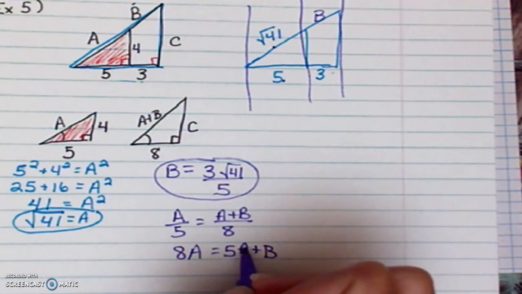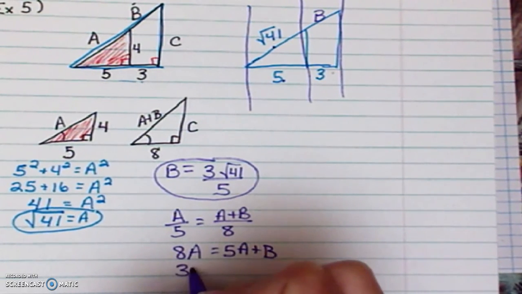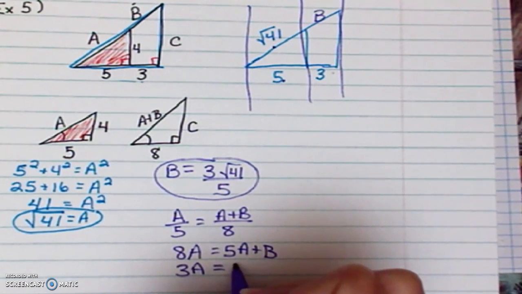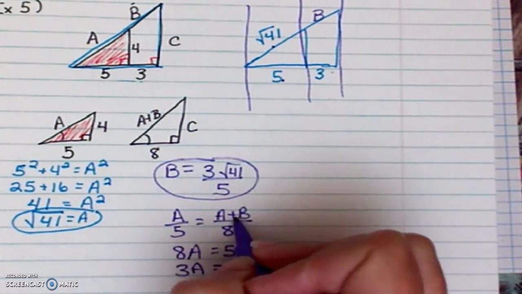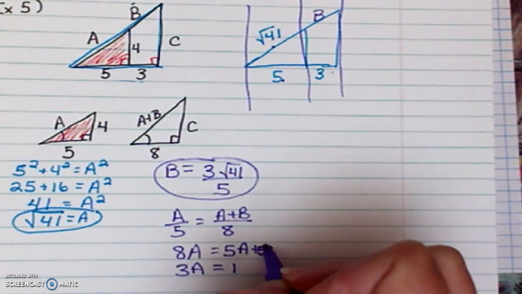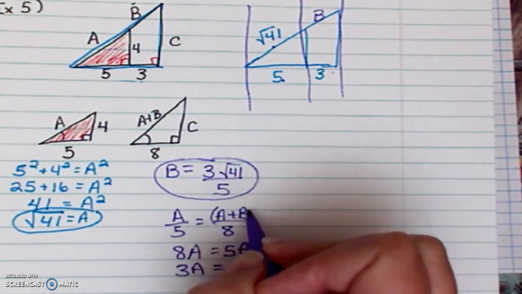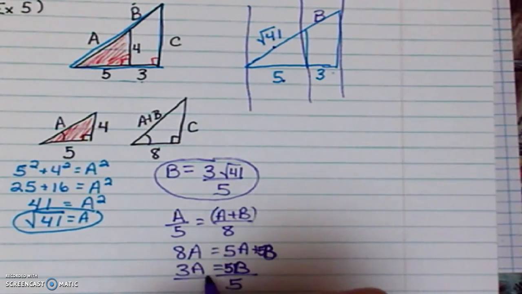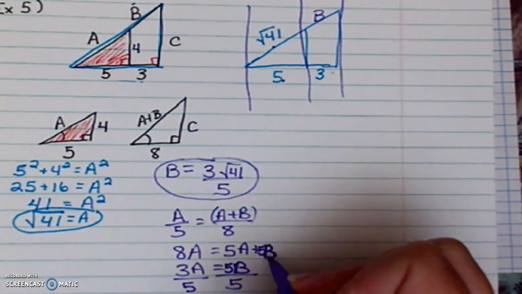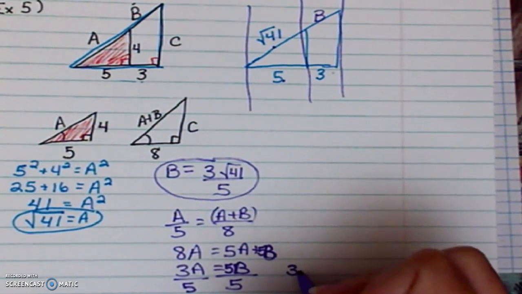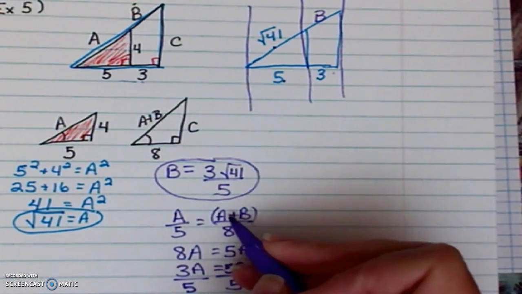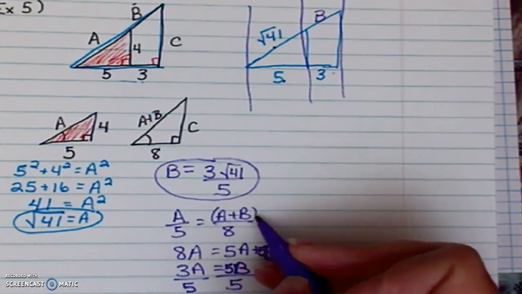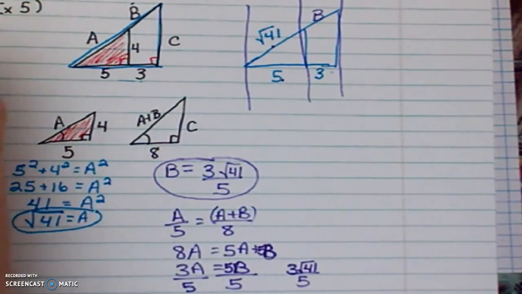Go ahead and move the 5a over by subtracting it, so you get 3a is equal to, I didn't use the distributive property there, that should be 5b. Sorry, multiply those together. So then you get 5b, so you're going to divide by 5, and then we mentioned how a had a value of radical 41, so you get 3 radical 41 over 5. Now you could substitute in radical 41 when you began and leave this as radical 41 plus b, but sometimes that gets confusing for people.